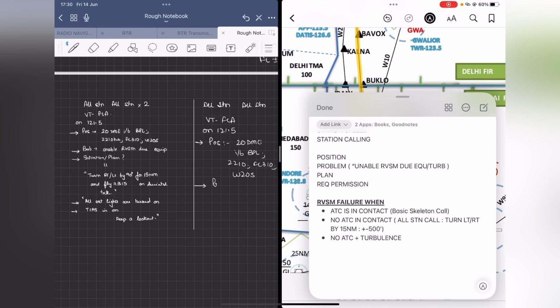Right? What's our problem? Unable RVSM due turbulence. What is our plan? Our plan is to descend to flight level, in our case 270, because we are eastbound traffic. Descend to flight level 270 and maintain. Again, all lights on, TCAS on. Keep a lookout.